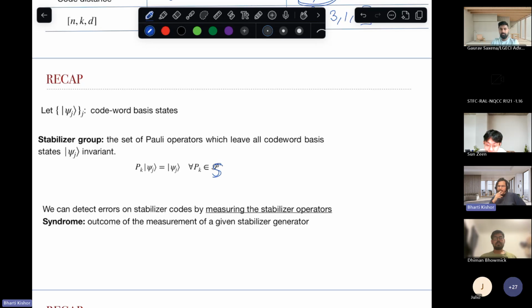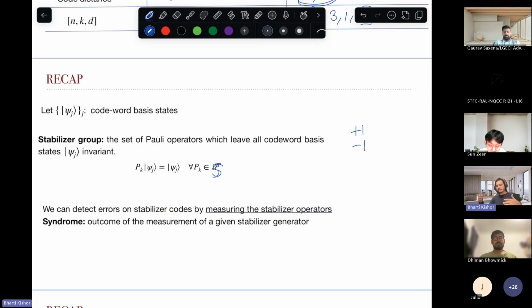And by measuring stabilizer operators, we saw that you can detect errors. When you measure stabilizer operators, you get +1 or -1. By measuring different generators, you get a string of +1 and -1. That string that you get is what people call the syndrome.